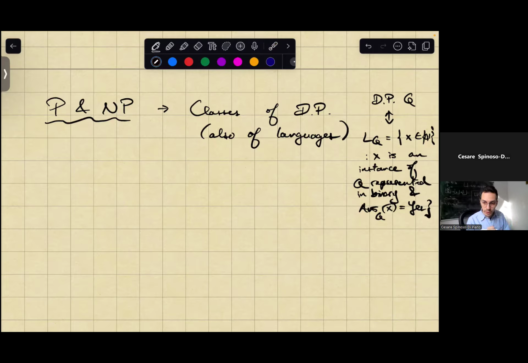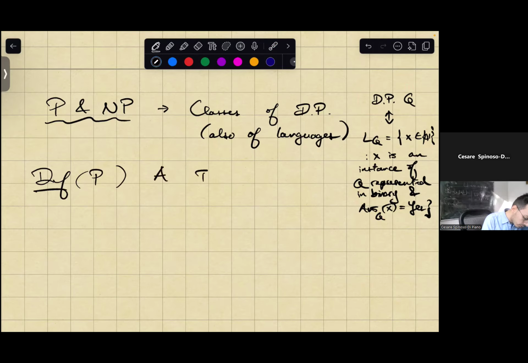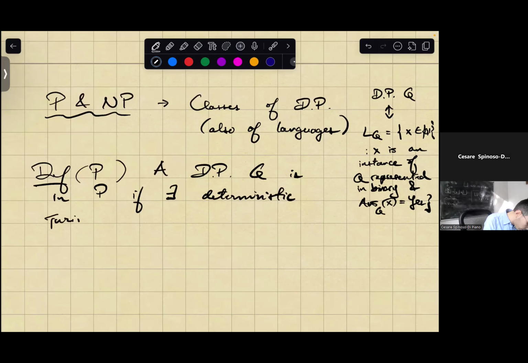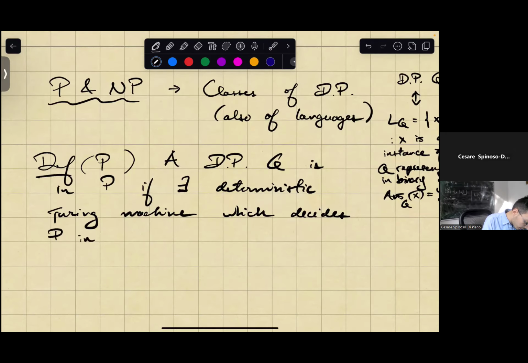And so what is the difference between P and NP? So let me give you a definition for P, right? So a decision problem Q is in P if there exists a deterministic Turing machine which decides Q in polynomial time.